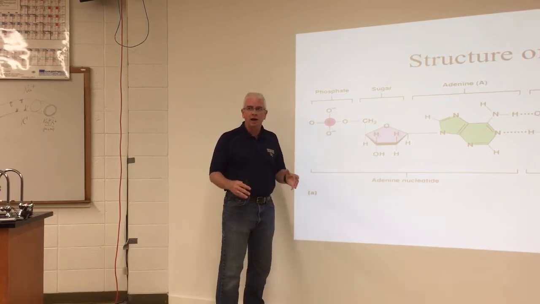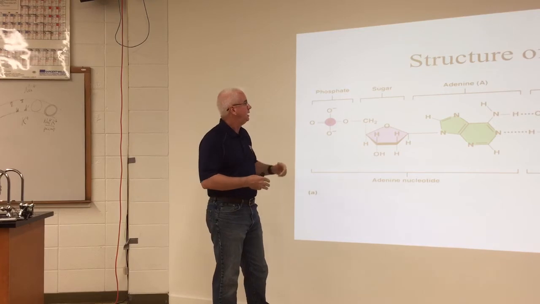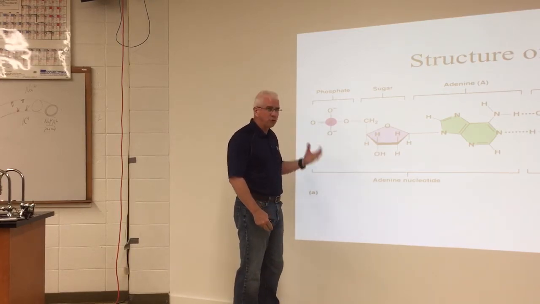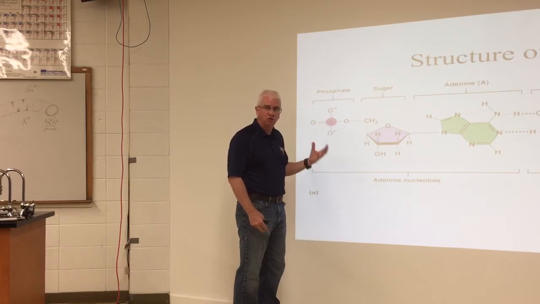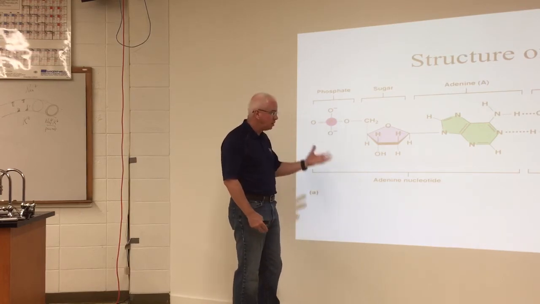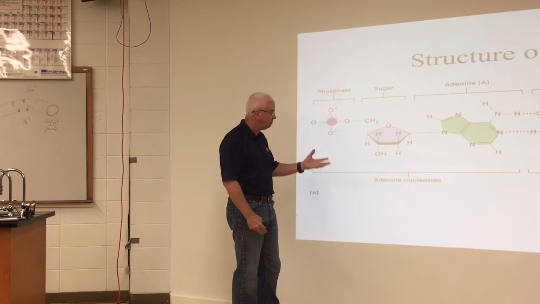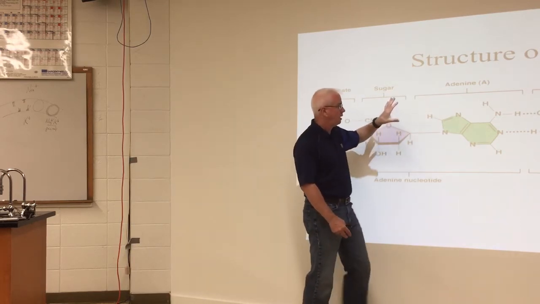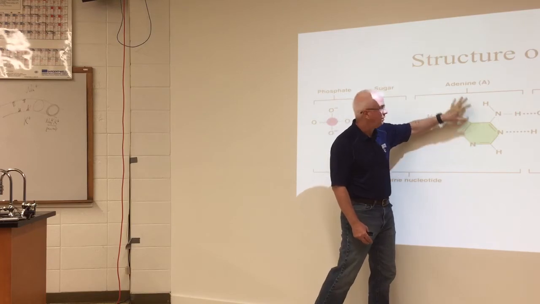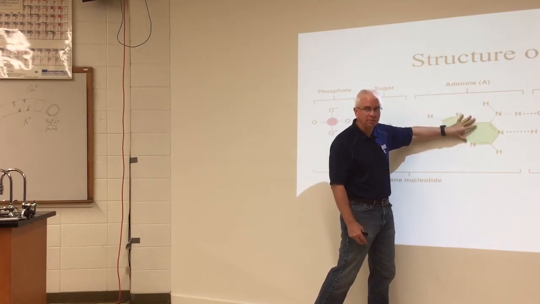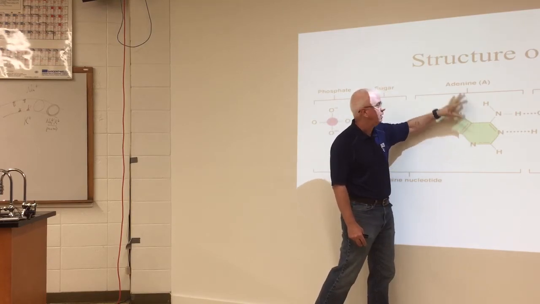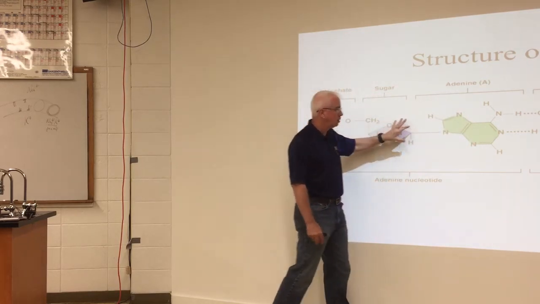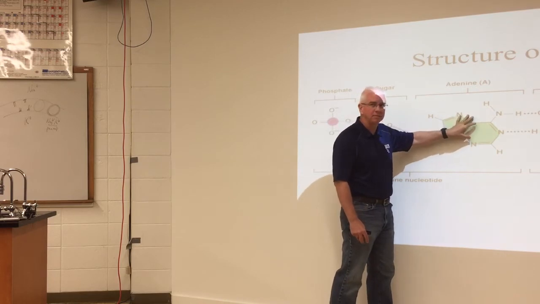A nucleotide in human biology is simply a three-part construction. It is built simply out of phosphate, sugar, base. These are nitrogen bases, nitrogen-containing bases. So I'm going to say that over and over again. Nitrogen-containing bases. They are phosphate, sugar, nitrogen-containing base.